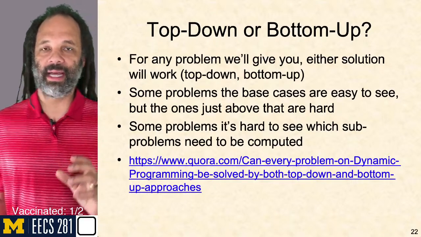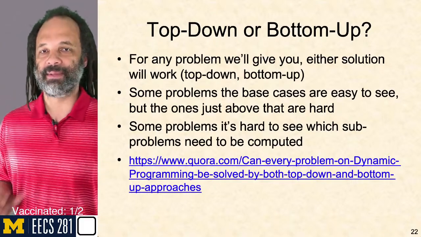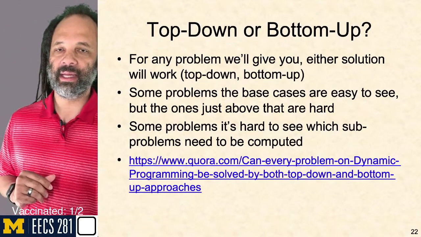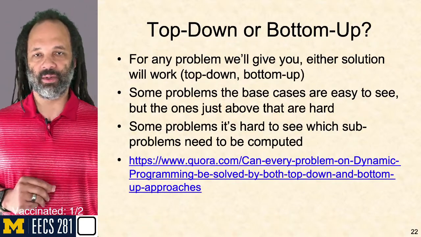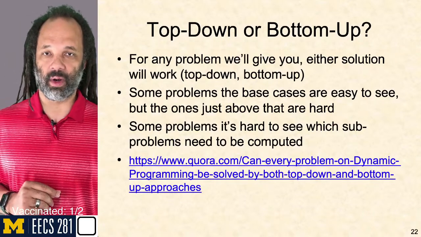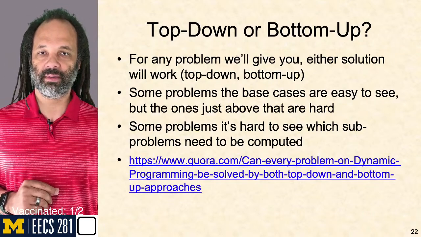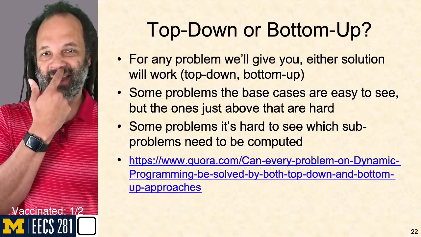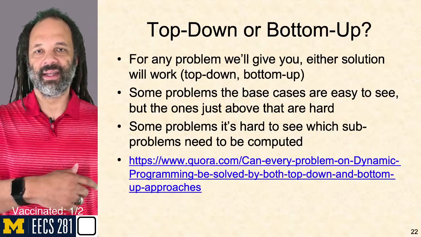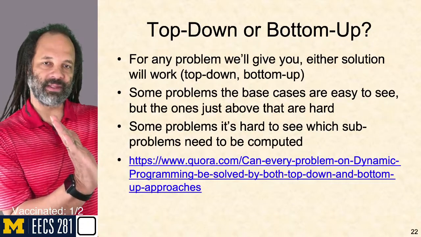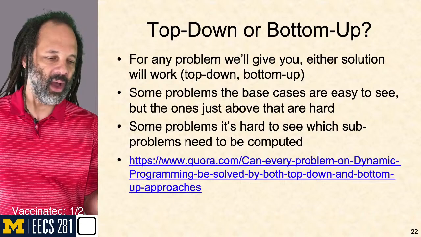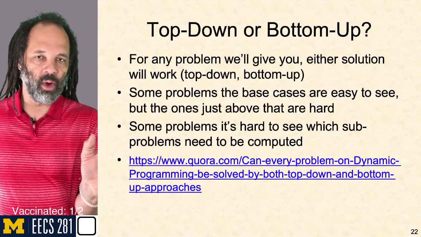But what does top down need? Top down at 15 choose 5 says, I only need 14 choose 5 and 14 choose 4. So let's get those. And then 14 choose 5 can start to pull things from this. You see this diagonal band that ends up running because I only need the one item in the row before it.